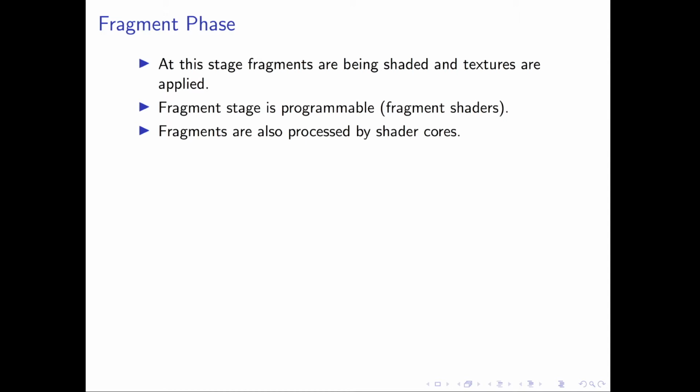And on the other hand, this is another programmable stage. The fact that this stage is programmable basically means that the fragments are just processed in the very way that we discussed when we talked about the vertex processors, right?